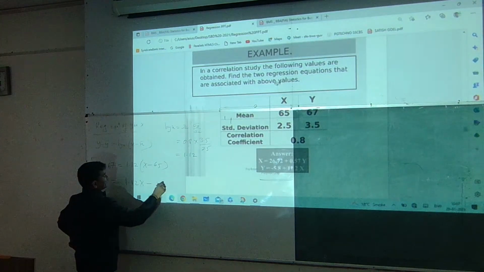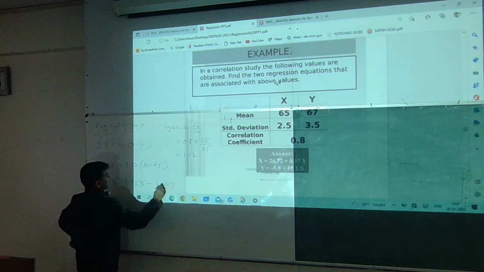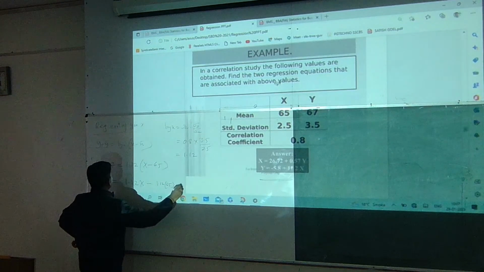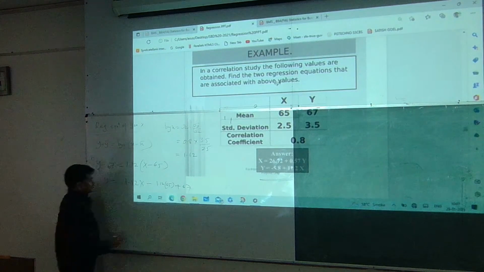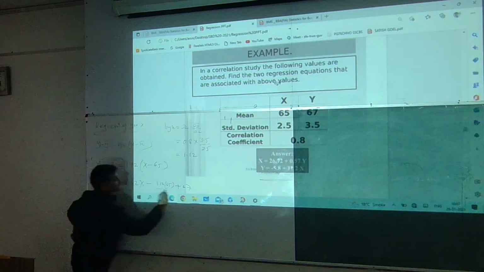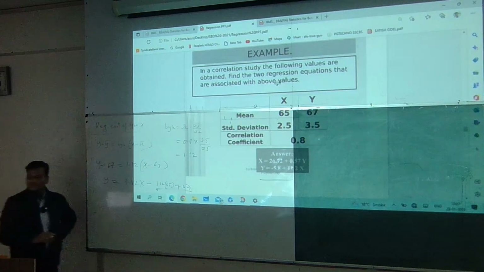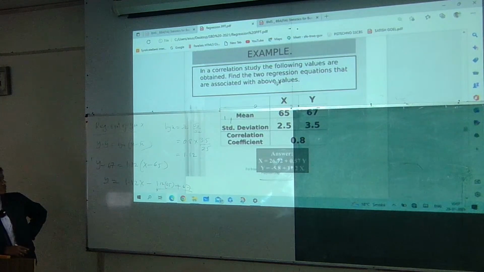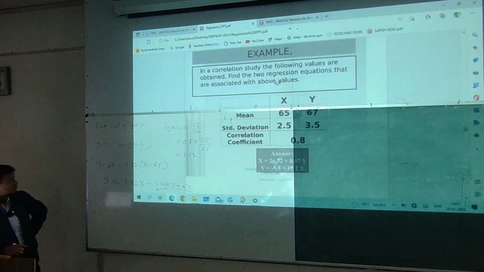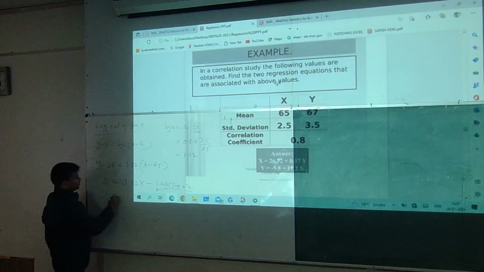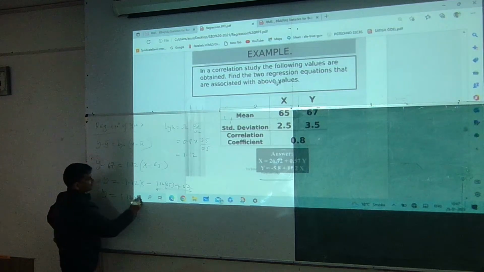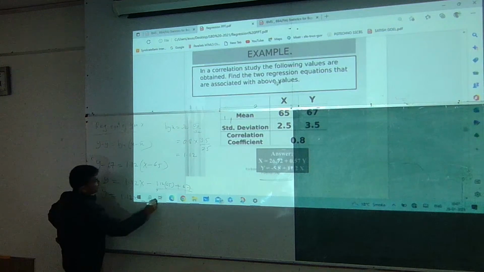How much would it be? Calculate this, and plus 67. Okay, so ये कितना हो जाएगा टोटल? So this would be y equal to 1.12 x minus, ये 5.8 आना चाहिए.